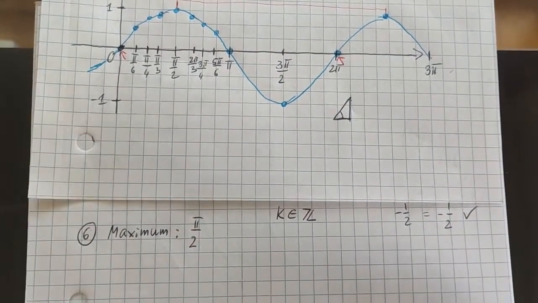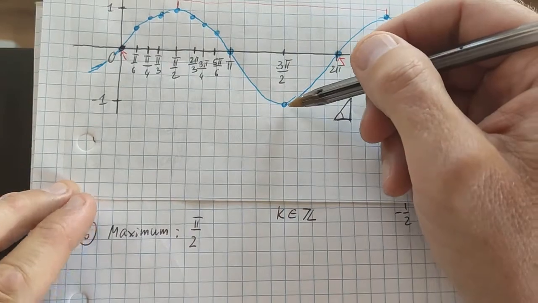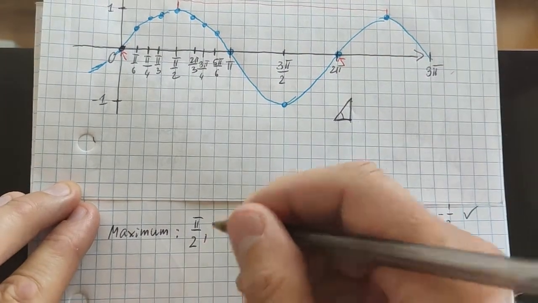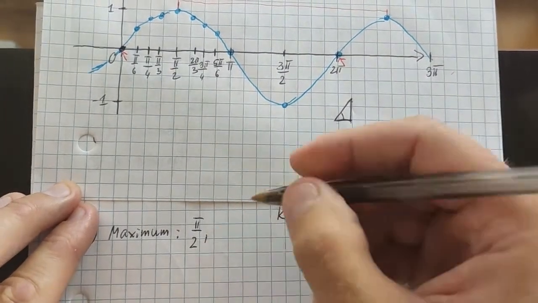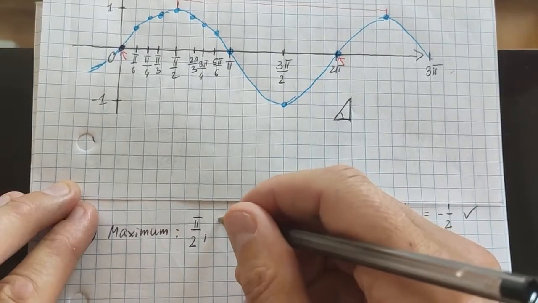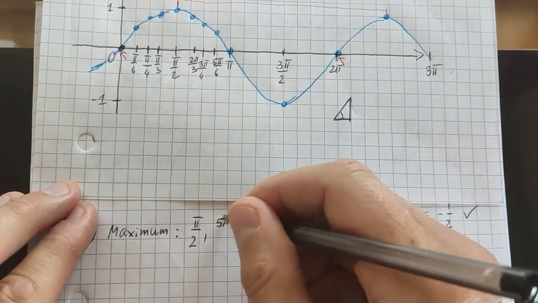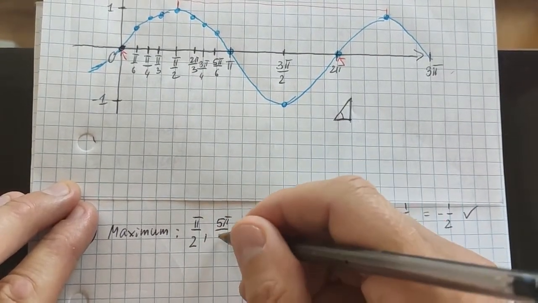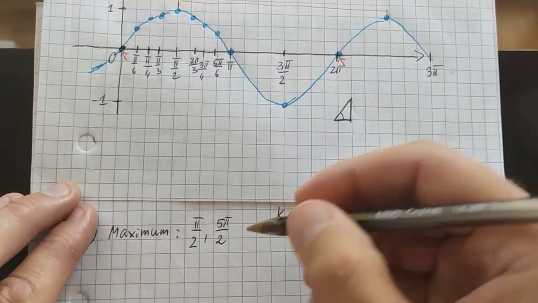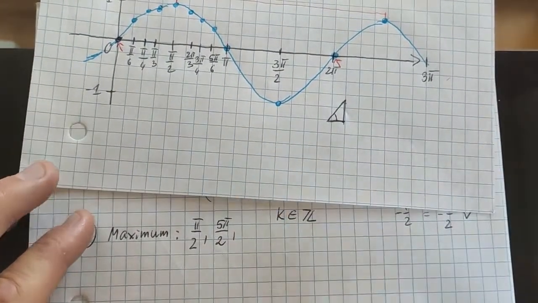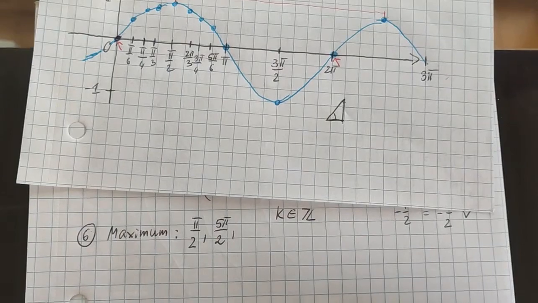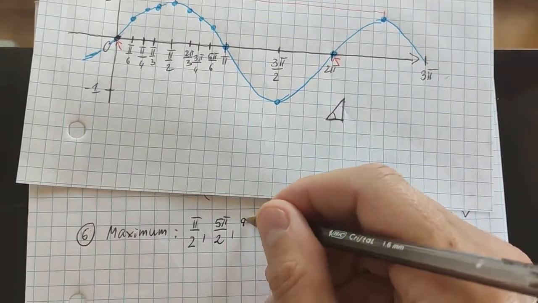Then 3 pi over 2 was down, so the next one will be 5 pi over 2, and then the next one, where is it going to be? Not 7, 9 pi over 2.